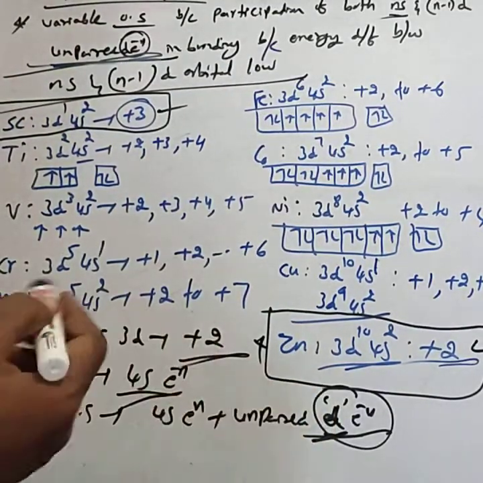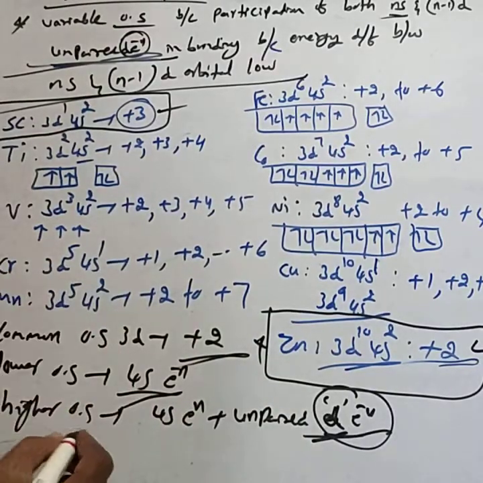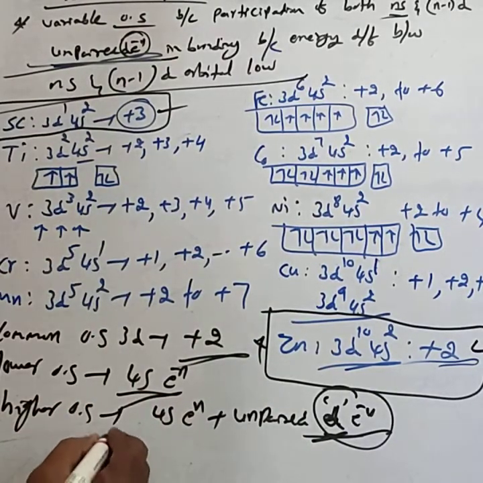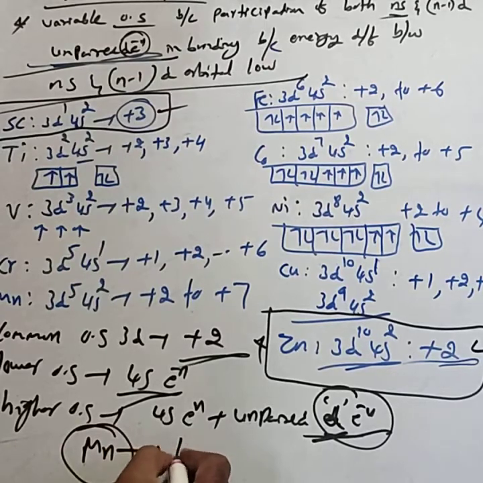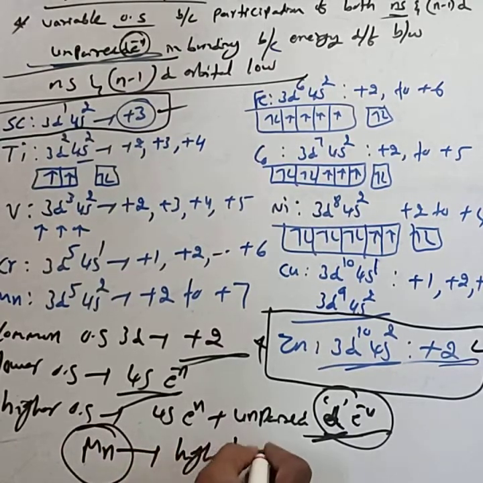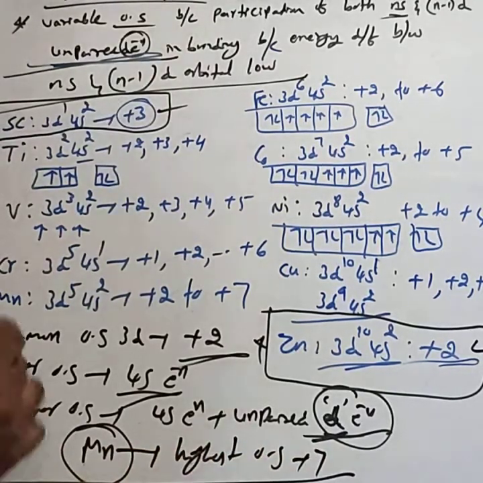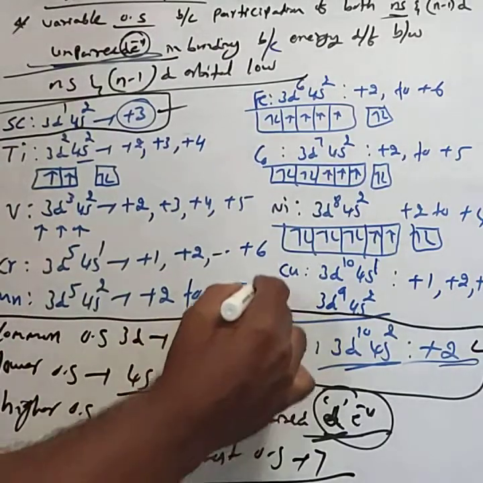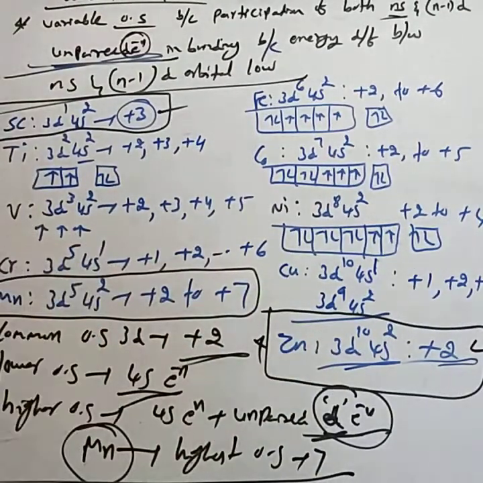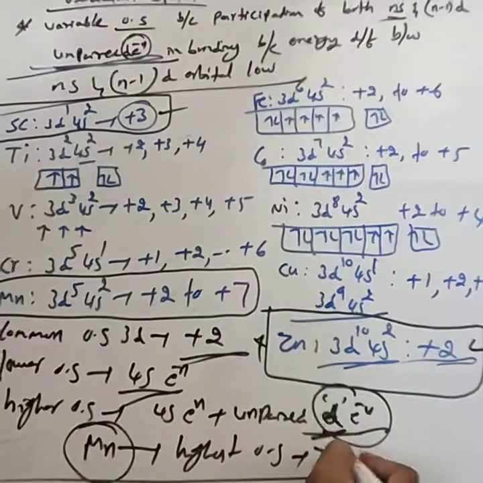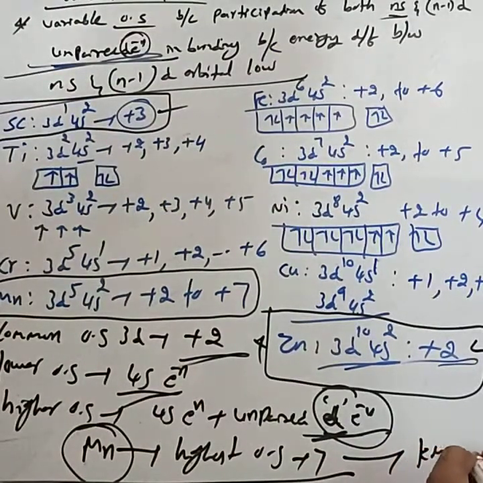Then among the 3d series elements, you observe manganese. Manganese shows the highest oxidation state of +7, as in KMnO4.